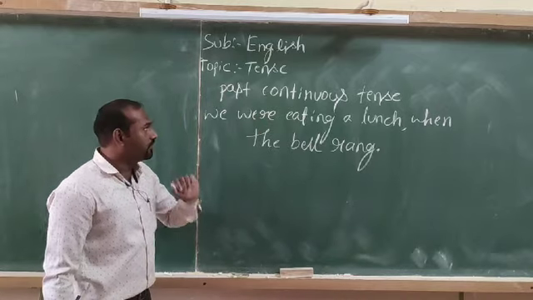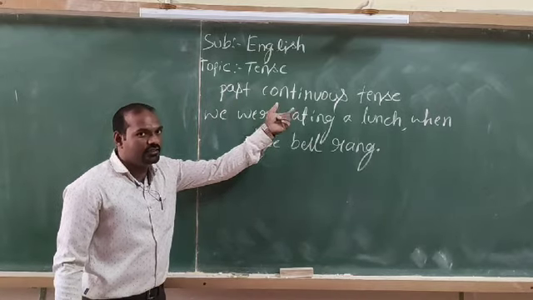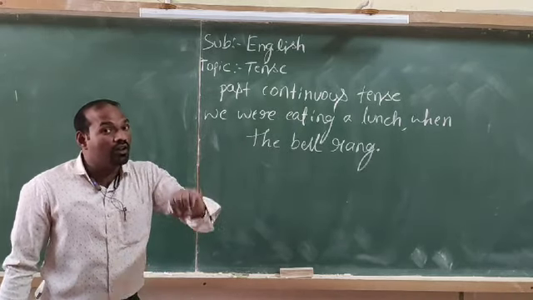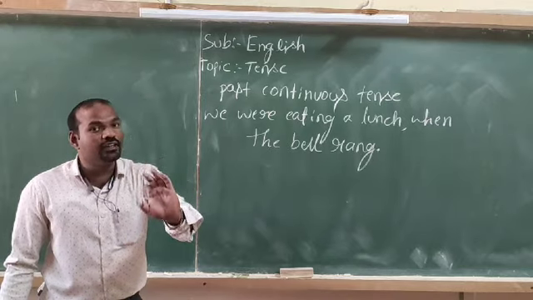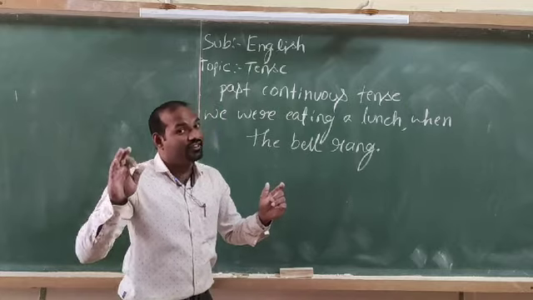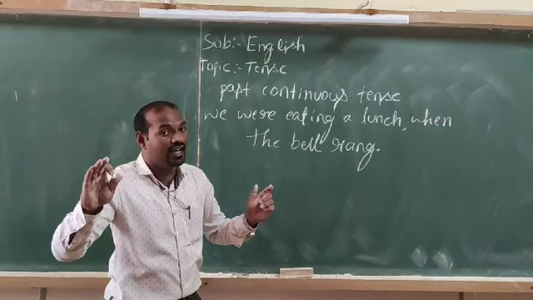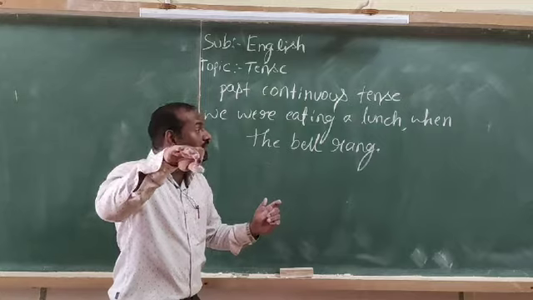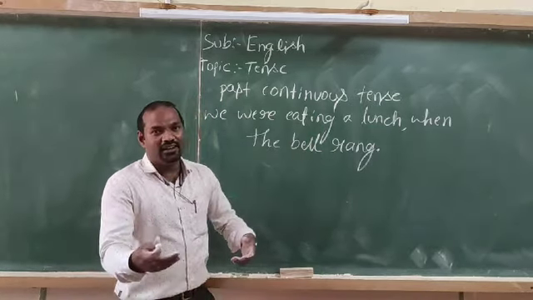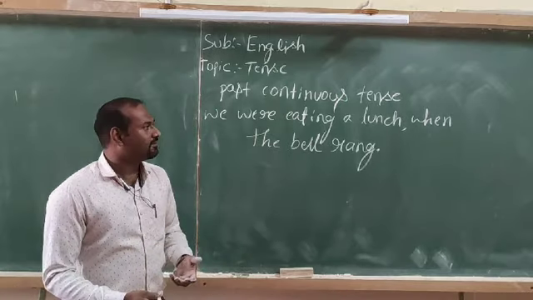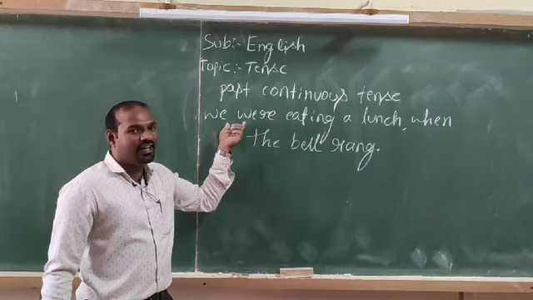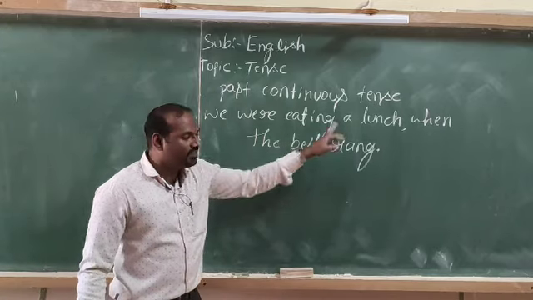Look at the example, dear students. In the past continuous tense, we are expressing an unfinished action in the past along with a finished action. We were eating lunch, it is an unfinished continuous action in the past along with the finished activity, when the bell rang, maybe the school or college bell. Look, we were eating lunch when the bell rang. Unfinished action in the past along with the finished action.